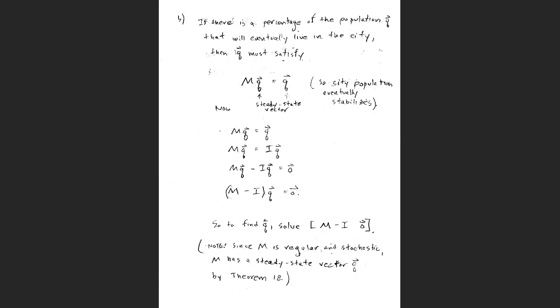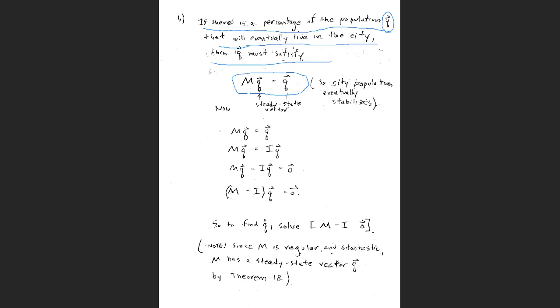If there's a percentage of the population, which I'm going to call the vector Q, that will eventually live in the city, then the vector Q would have to satisfy this equation: M times Q would have to equal Q. M times that vector Q, which we'll call the steady state vector, will have to equal Q.